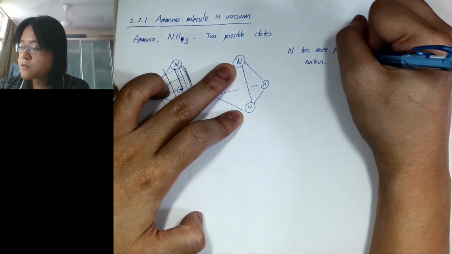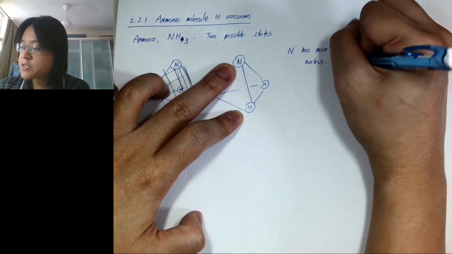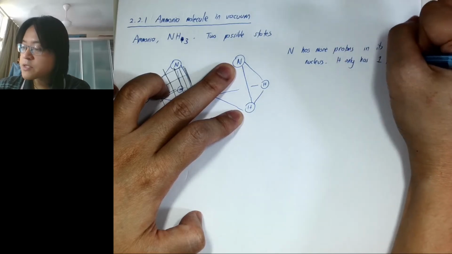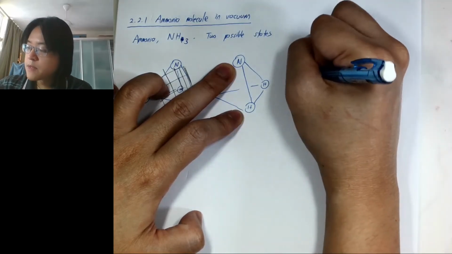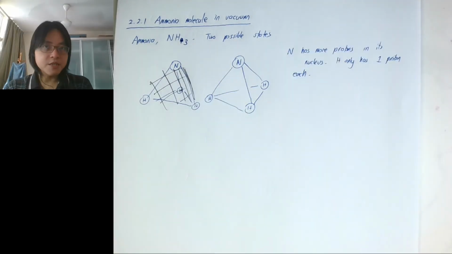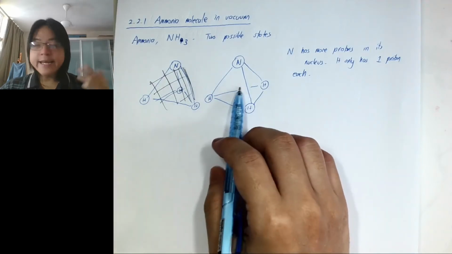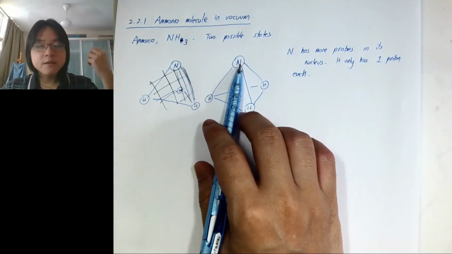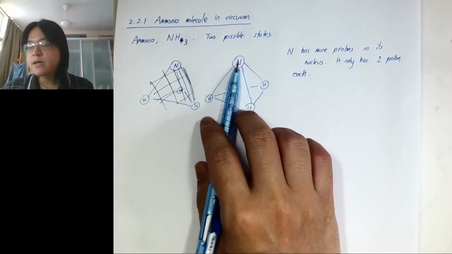Protons are positive charges, so the electrons will obviously be more attracted to the strongly charged protons in the nitrogen atom.